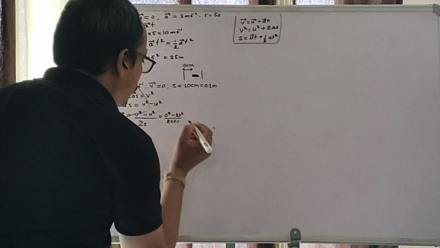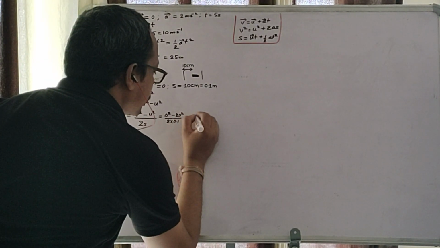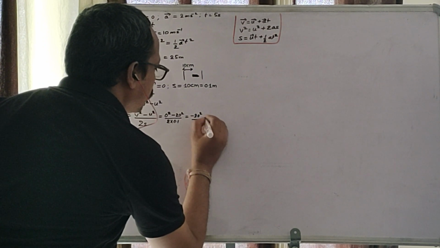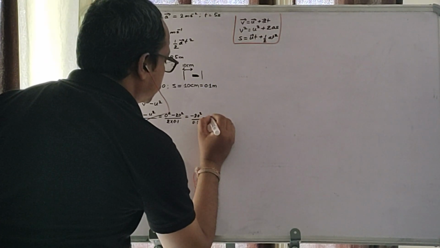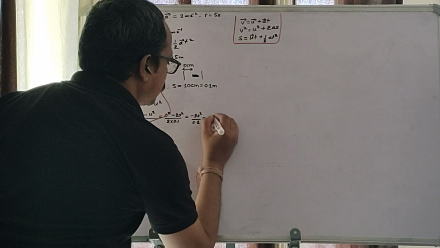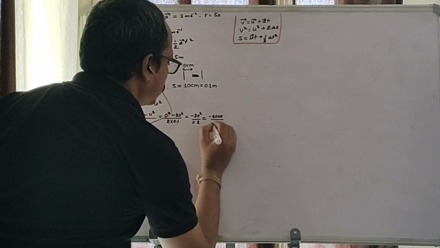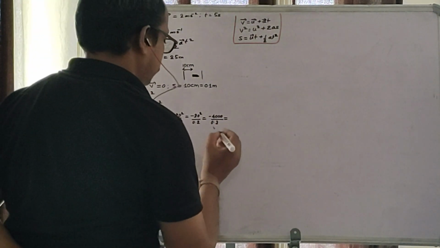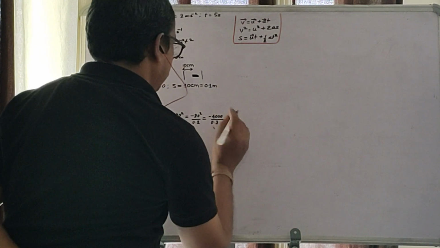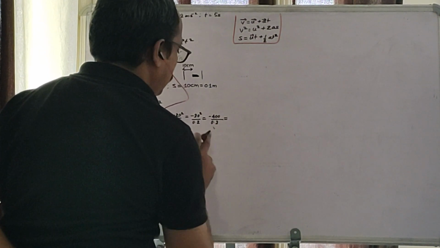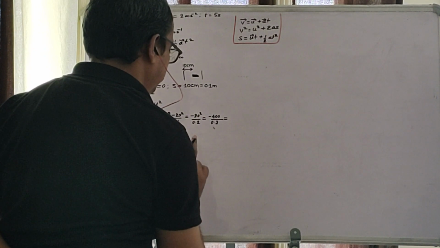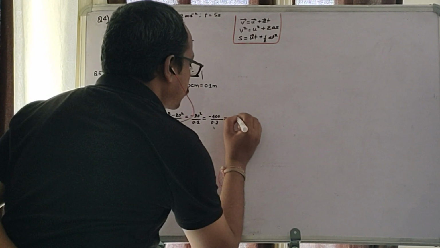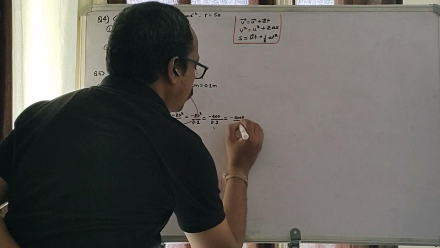We are going to get minus 20 square upon 0.2. 20 square is 400, so it is minus 400 upon 0.2.